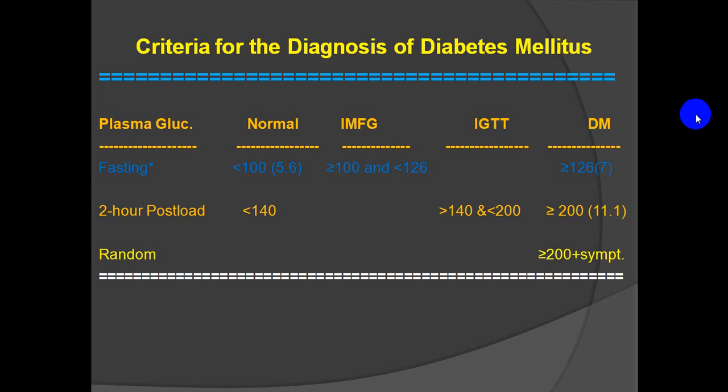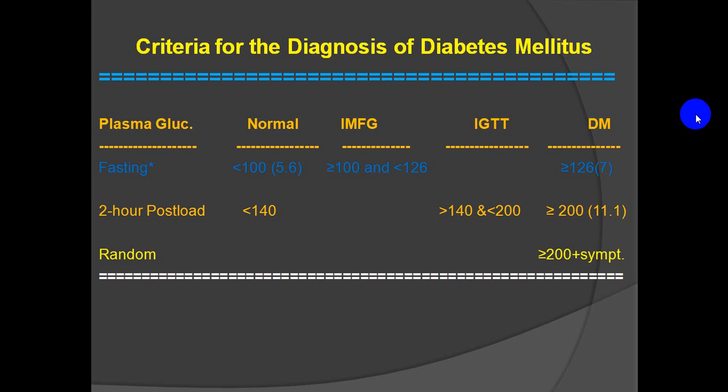When the fasting plasma glucose level falls between 100 and 126 milligrams per deciliter, the patient is said to have impaired fasting glucose.